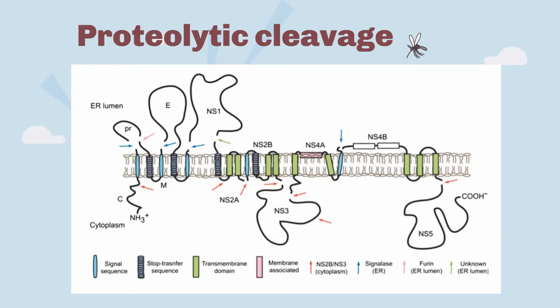In the cytoplasm, it is the dengue NS2B-NS3 protease that separates these proteins by cutting them at the proteolytic cleavage sites. In our drug design, we mimic the sequences of the proteolytic cleavage sites with the aim of developing a potent NS2B-NS3 inhibitor.